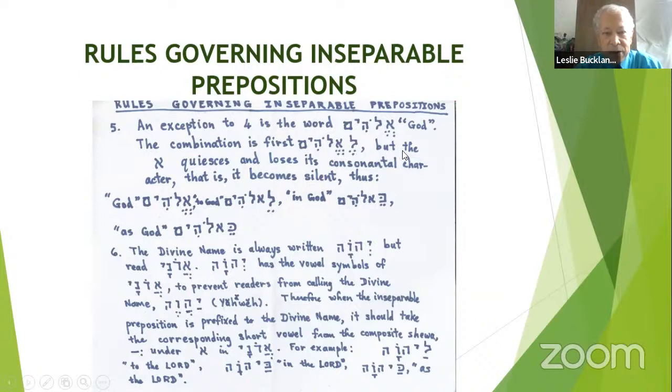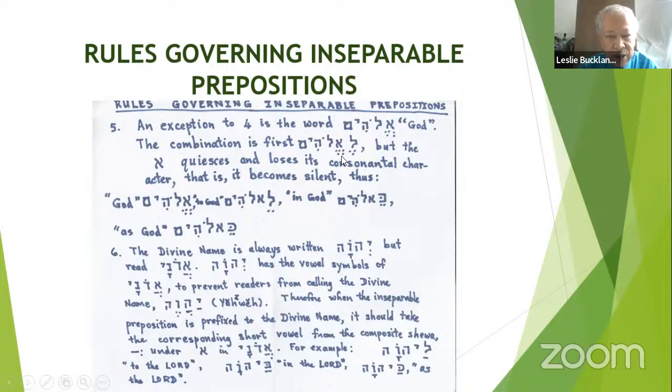And then the aleph in Elohim quiesces, or becomes quiet, and loses its consonantal character. That is, it's not pronounced. It becomes silent. And so what we have as Elohim, God, we have Le-Lohim.